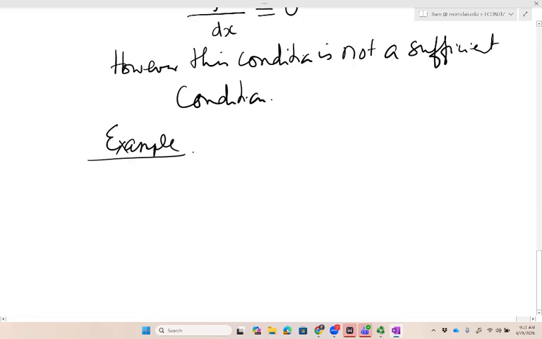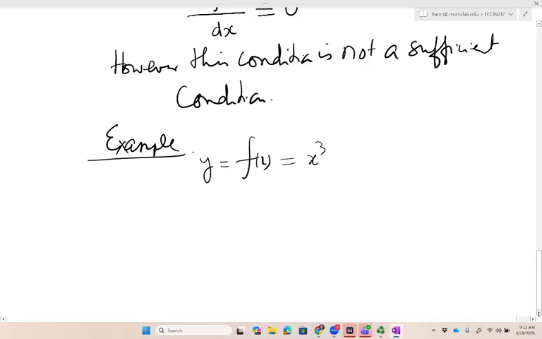I want to show that a function has derivative equal to 0 at a particular point, and the function does not attain either a local maximum or a local minimum at that point. That would be a counter example to the necessary condition being sufficient. So consider the f of x. I'll write it as y equal to f of x equal to x to the power 3.